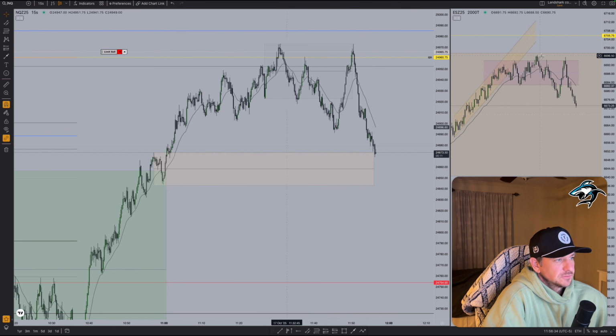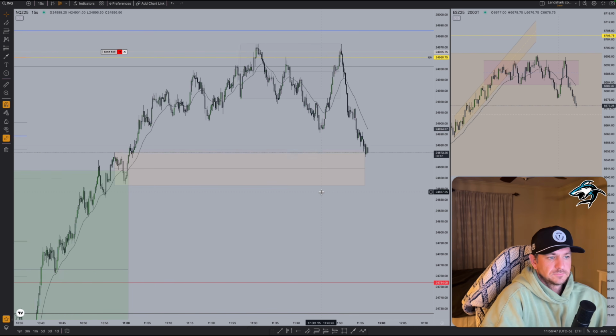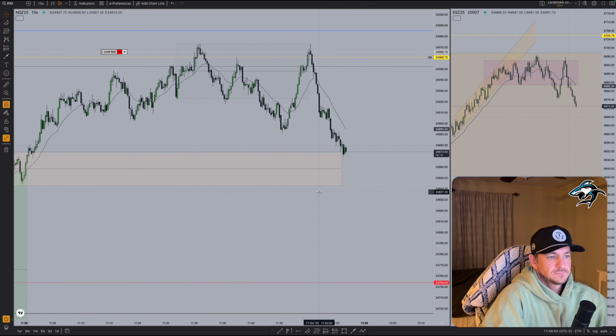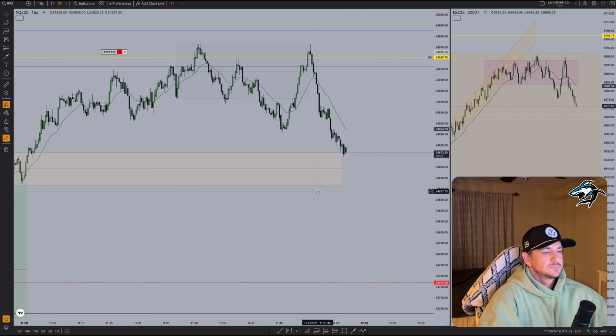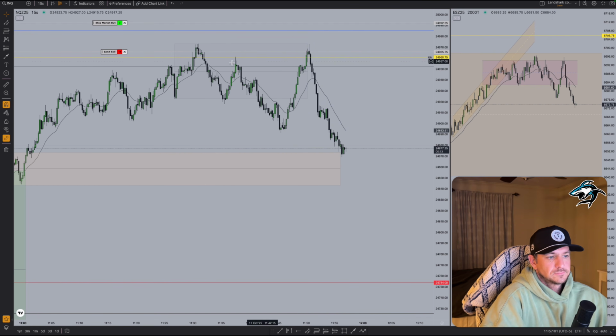Again, most breakouts fail. Let's see if we get a failed breakout or if we get a retest and a continuation lower. Okay, I'm going to buy stop 80.